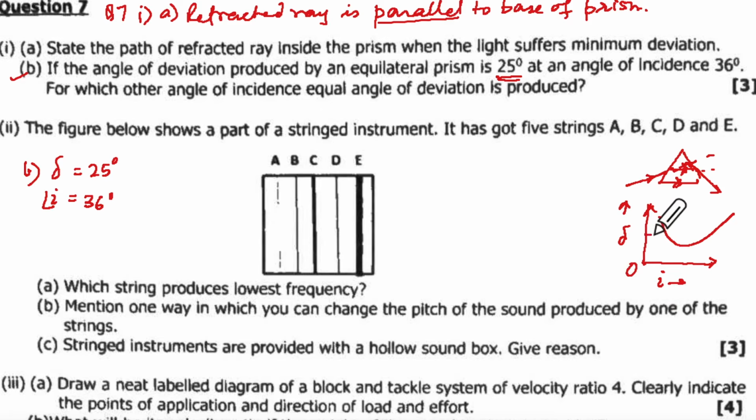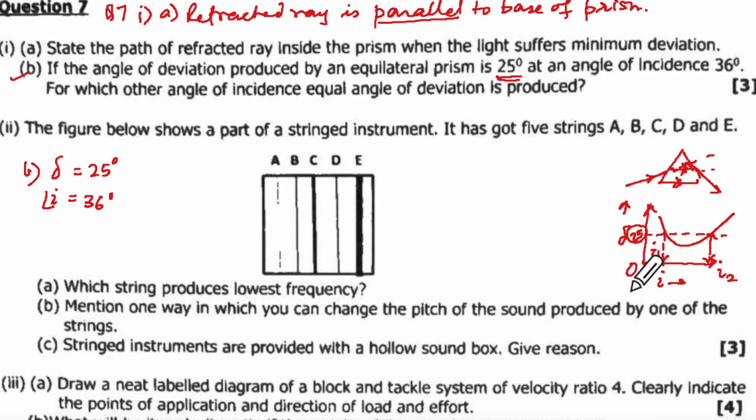Now for the given delta, if this is 25, then this one is your I1 and this one is your I2. Which means for this angle of incidence also it will be 25, and for this angle of incidence also delta will be 25 degrees. Did you understand up to there? Yes.